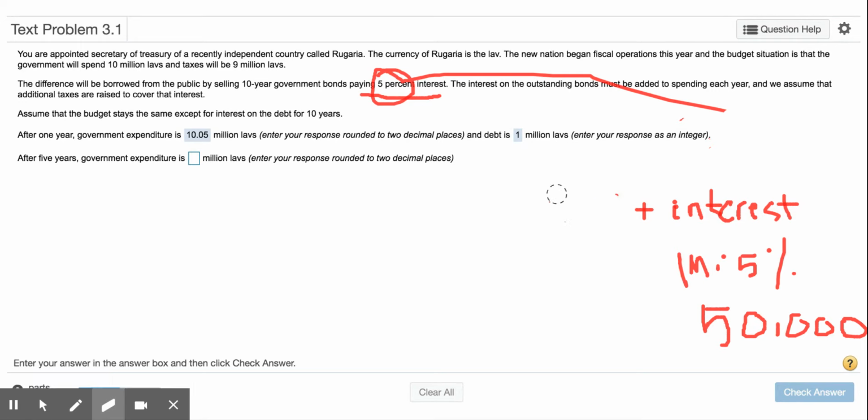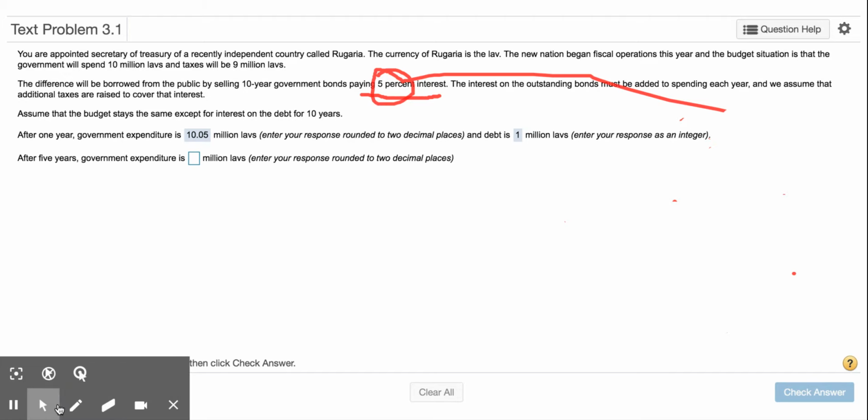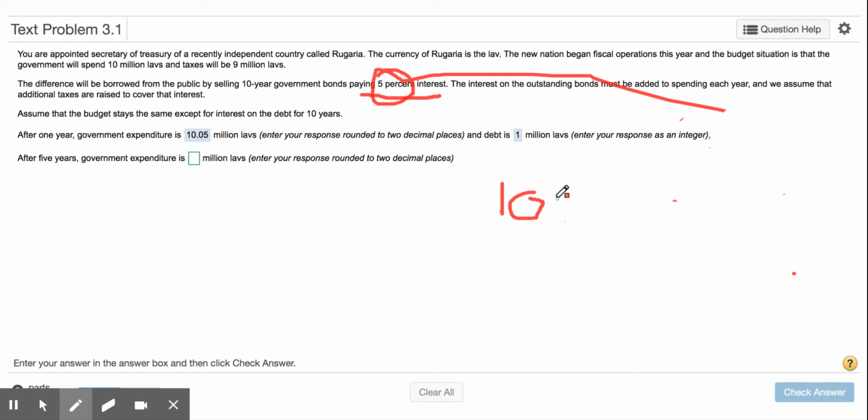So again, in 5 years, what is the amount of government expenditure? So we can calculate that. It should be 10 million plus interest.